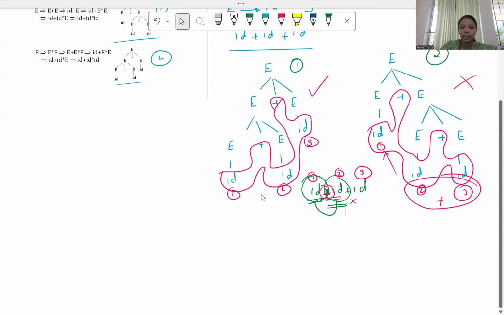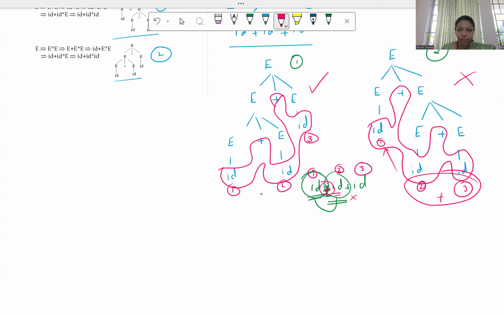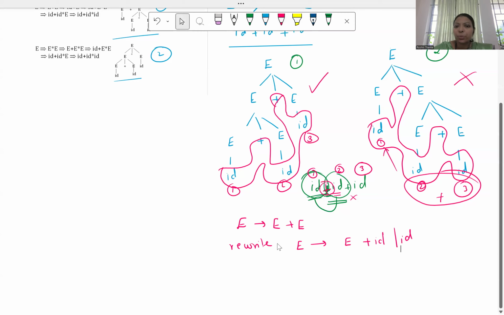So how will I rewrite this production? This is what our original production is. E tends to E plus E. So now I can rewrite this production to E tends to E plus ID. Got it? So I'm going to induce the left recursion and I'm going to stop the right recursion.